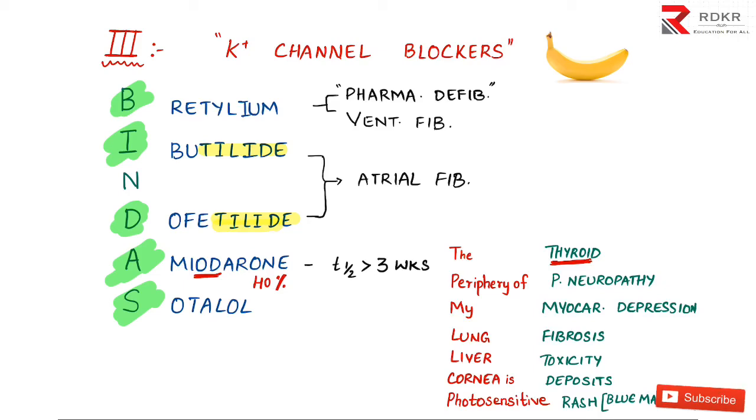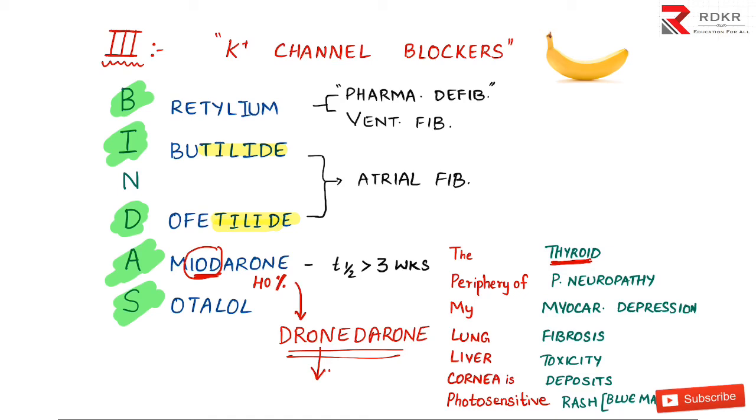To avoid this side effect, we recently have come up with a new drug which doesn't have the iodine part, and the name of the drug is dronedarone. In this we don't have the iodine, but when compared with the amiodarone, this is less effective. Only one plus point is it doesn't have the side effect of causing hyper or hypothyroidism.